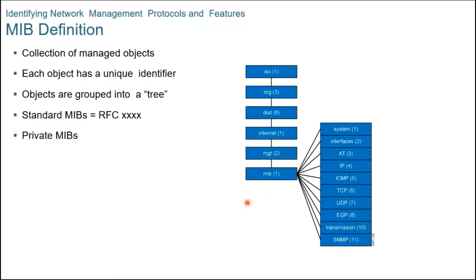The object identifier in the Internet MIB hierarchy is the sequence of numeric labels on the nodes along the path from the root to the object. The Internet standard MIB is represented by the object identifier 1.3.6.1.2.1, which can also be expressed as iso.org.dod.internet.mgmt.mib.